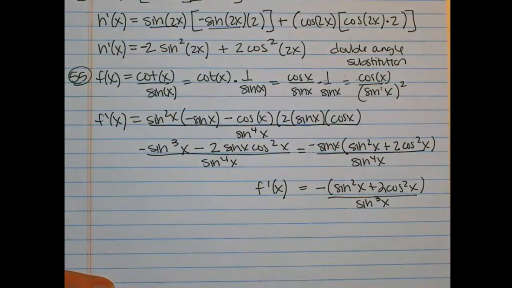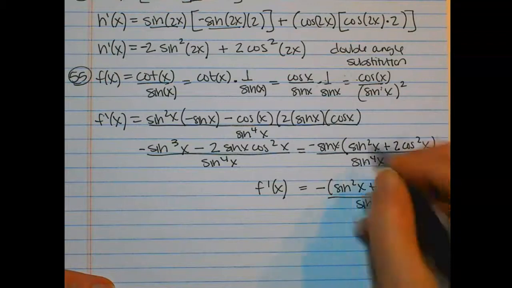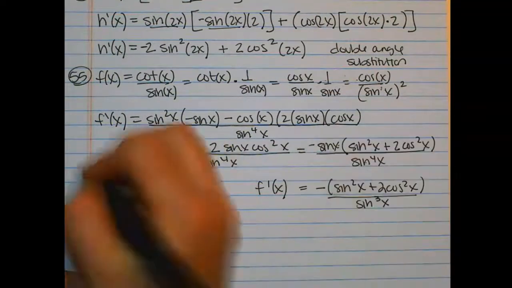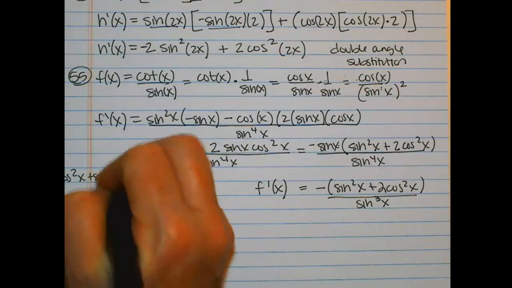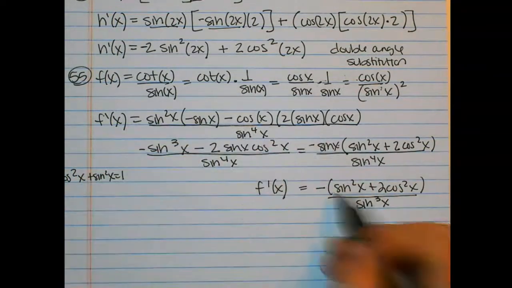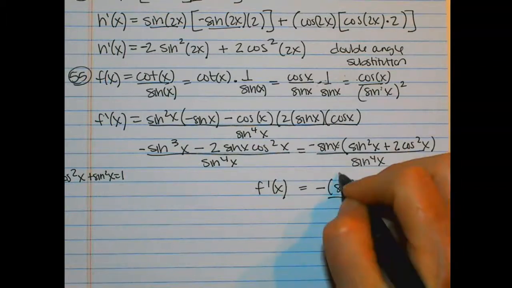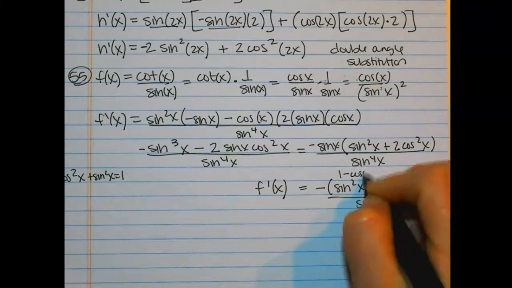55. The book did a substitution right here. They said that if cosine squared x plus sine squared x equals 1, like I just talked about, then we could replace this with 1 minus cosine squared of x.